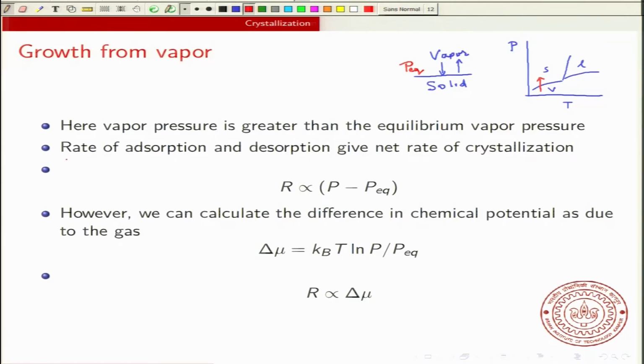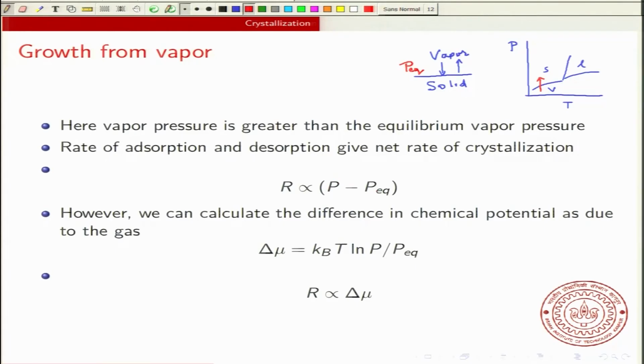So you can work this out, okay. So the rate of adsorption and desorption gives the net rate of crystallization. So the net rate of crystallization in this case works out to be the difference between the rate of adsorption and the rate of desorption. Okay, and I am not going to work this out in too much detail, but you can show from very generic arguments that the rate of crystallization should be proportional to the difference between the actual pressure of the vapor and the equilibrium vapor pressure.